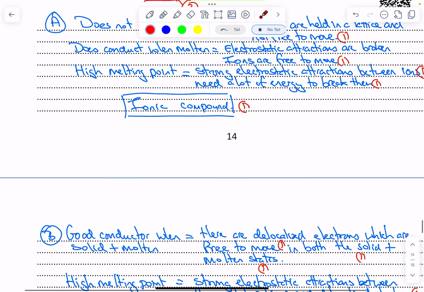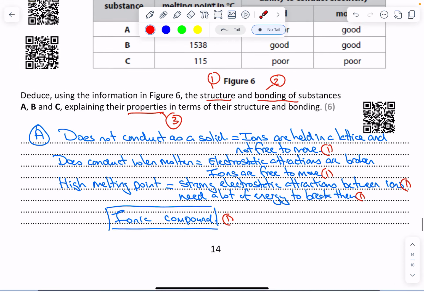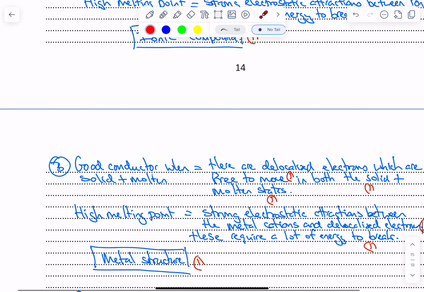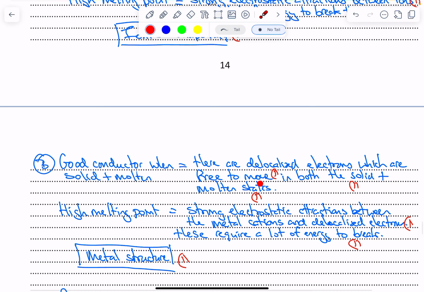Okay, part B, let's have a look at B. So B here says it's a good conductor when it is a solid, and it's also a good conductor when it's molten. So that makes me think that the fact it's a good conductor when solid and molten means that it contains delocalized electrons, and they are free to move in both a solid state and the molten states.